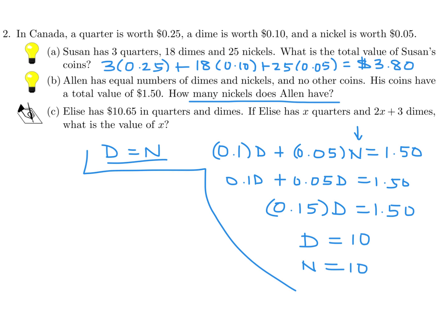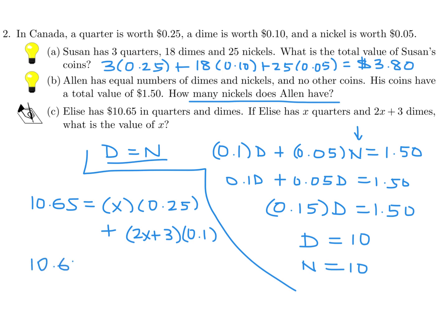Elise has $10.65 in quarters and dimes. If Elise has x quarters and 2x plus 3 dimes, what is the value of x? So 10.65 is equal to x quarters. Each quarter has a value of 0.25. And how many dimes? 2x plus 3 dimes, and each dime has a value of 0.1. So that's pretty much the equation. Let's expand this: 0.25x plus 0.2x plus 0.3, right?